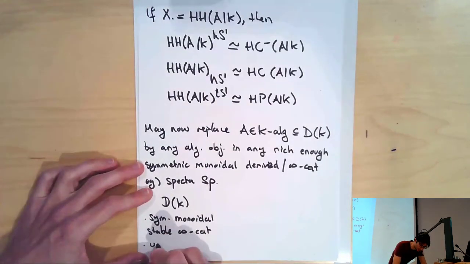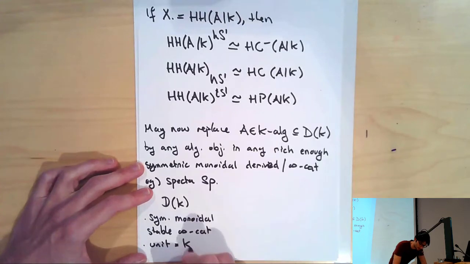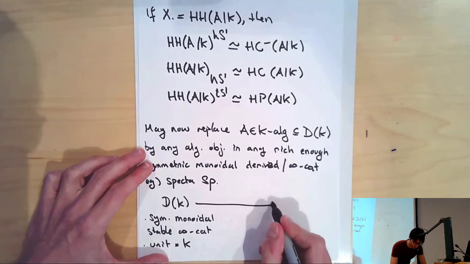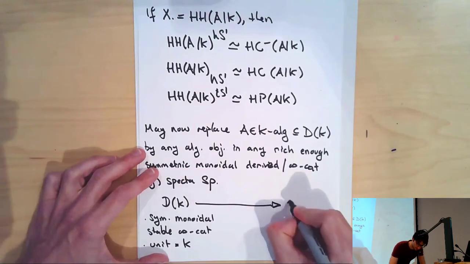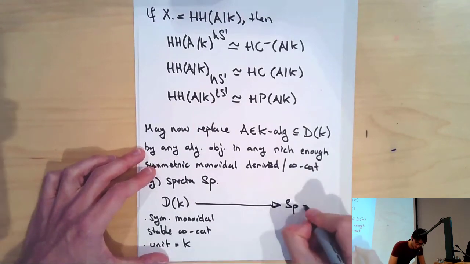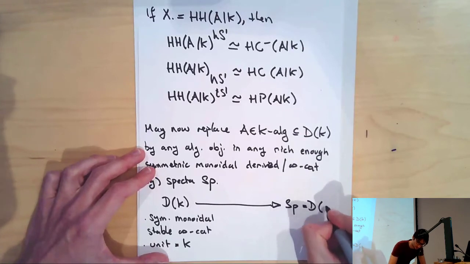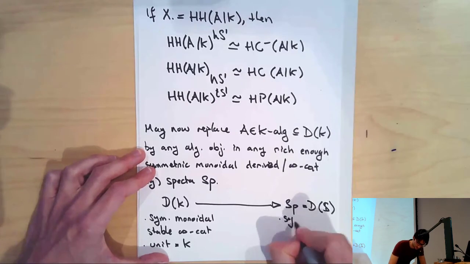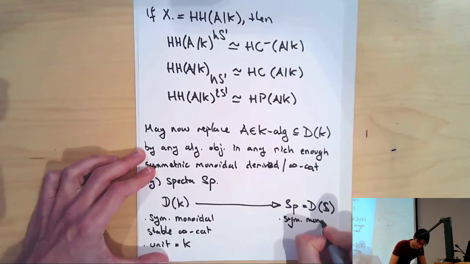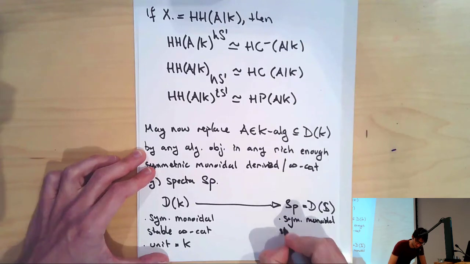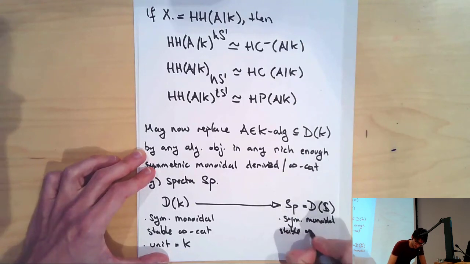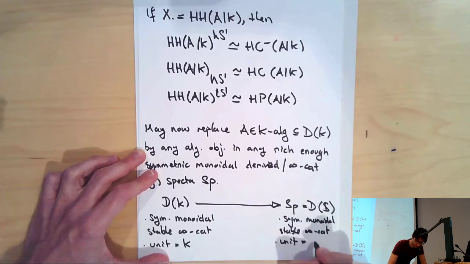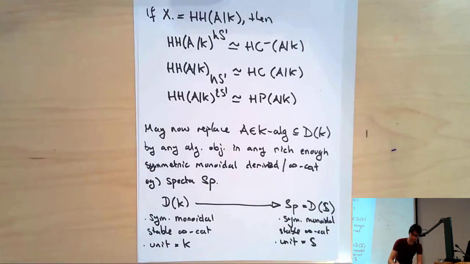And the unit object here, that is to say, what we tensor over, is K. But we're going to go from here to the world of spectra, which we can think of as being some derived category over the sphere spectrum, which again has all the same formal structure, symmetric monoidal, stable infinity category, so I can perform the same operations. But the unit object is now something more fundamental. It's this sphere spectrum S.